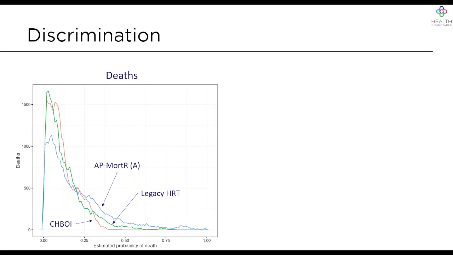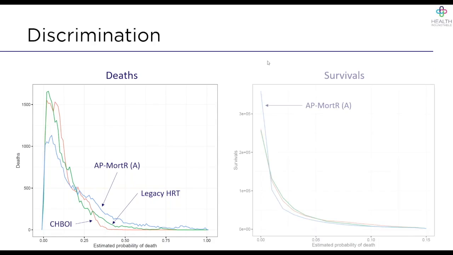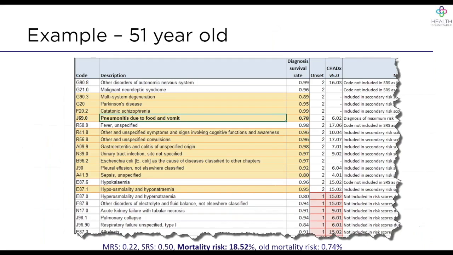And you can see that blue line, there continue to be sizable numbers of predictions in the very high range, including up towards 100%. The flip side of that is to look at survivals. And here we see that the AP-MortR model also is much more likely to assign a very low probability of death to survivals.